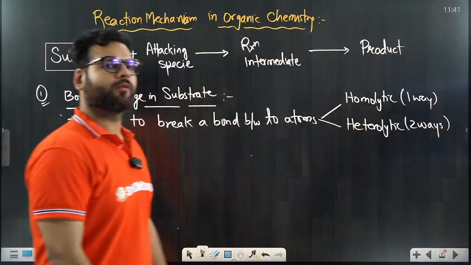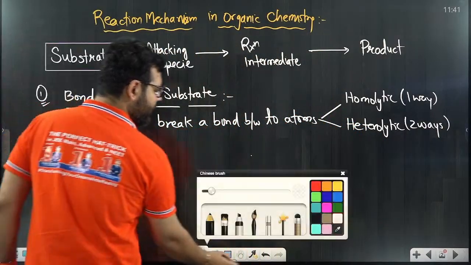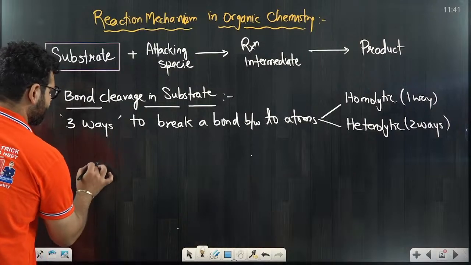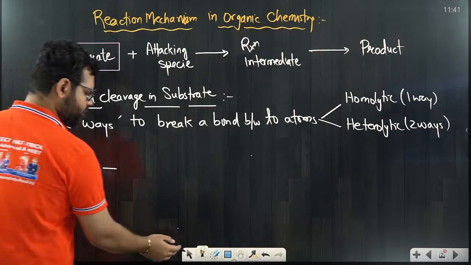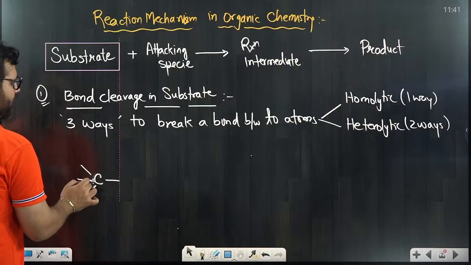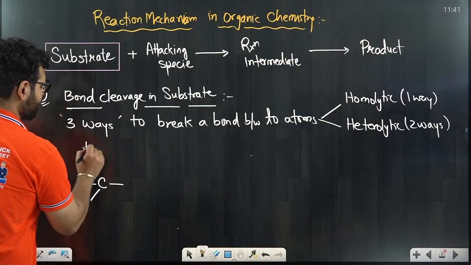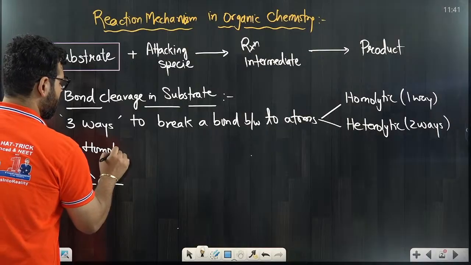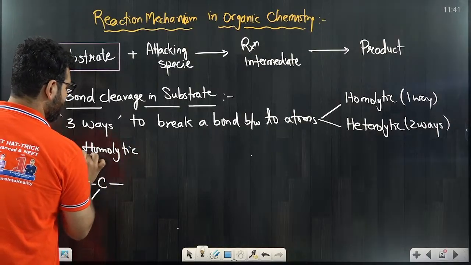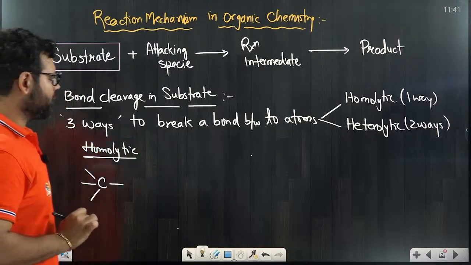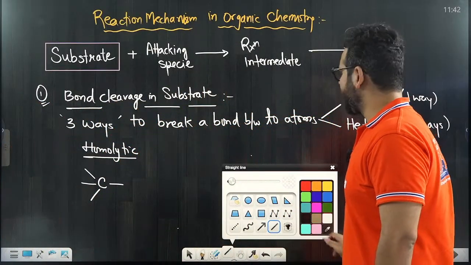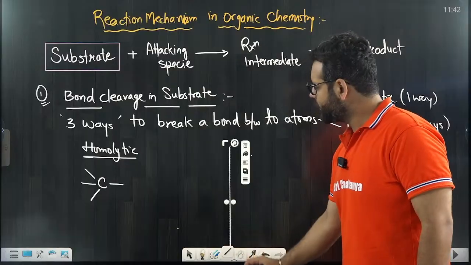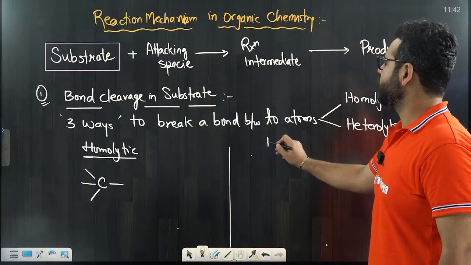So for example, if I take a carbon which is attached to some groups, I don't know which groups these are. First, I am showing you homolytic cleavage. Then I will show you heterolytic cleavage. So we will draw it as a differentiating table. This side homolytic, this side heterolytic.